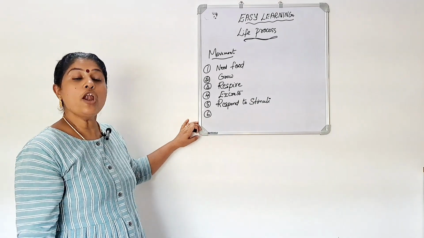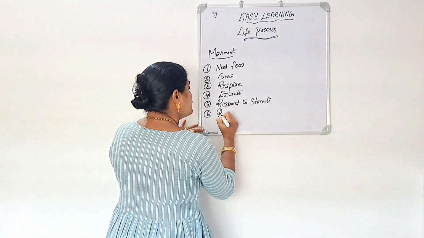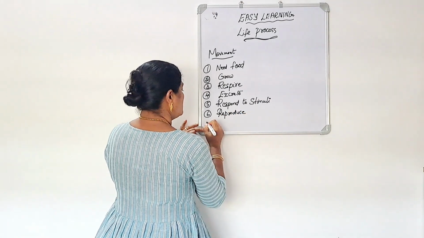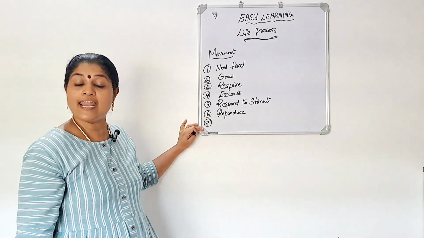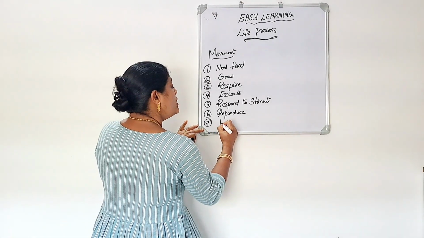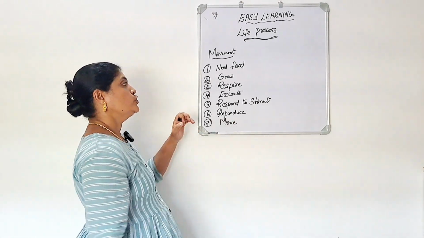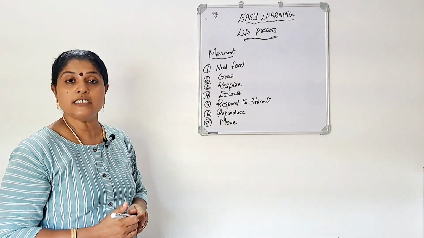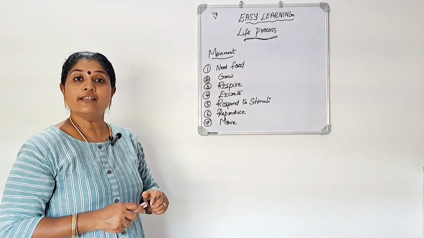Sixth one, all living organisms reproduce. And the last important characteristic feature is that all living organisms move. So these are considered to be the 7 important characteristic features necessary for all living beings.